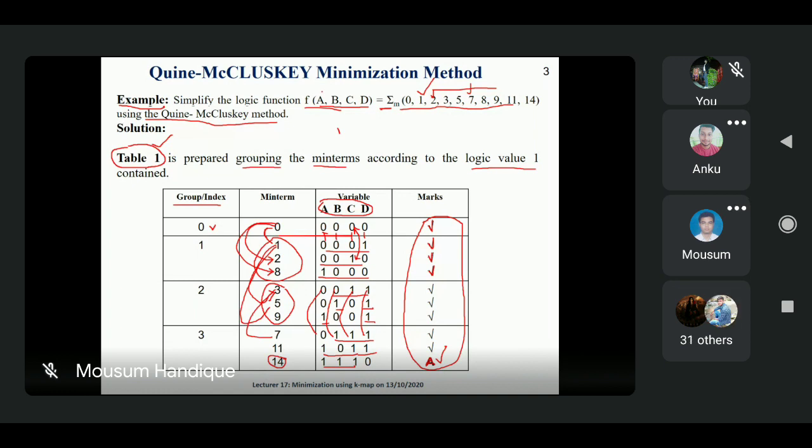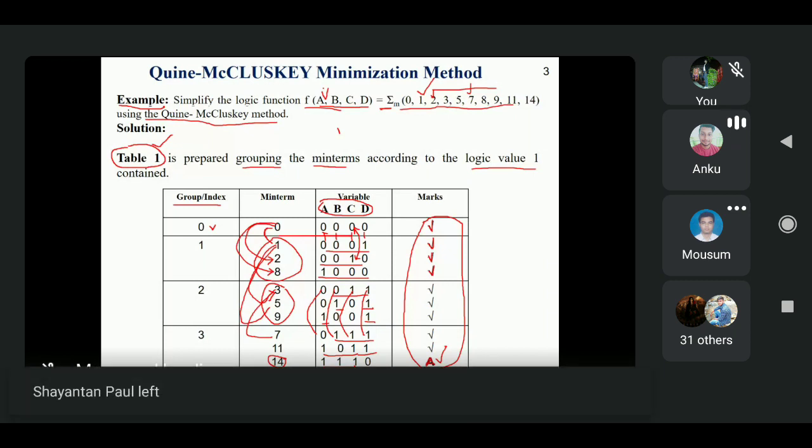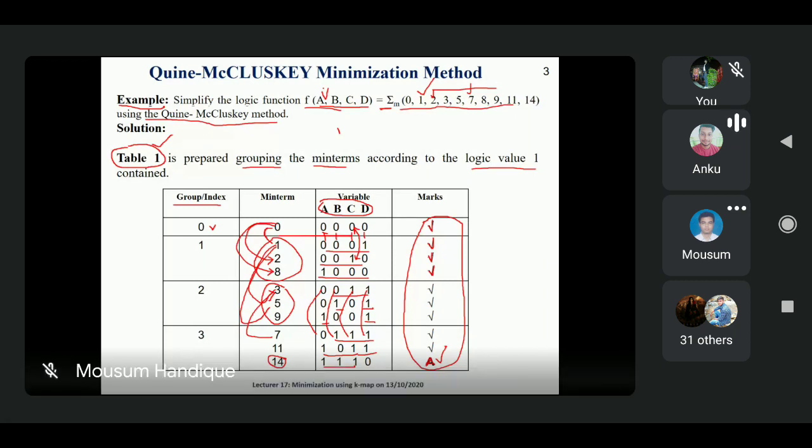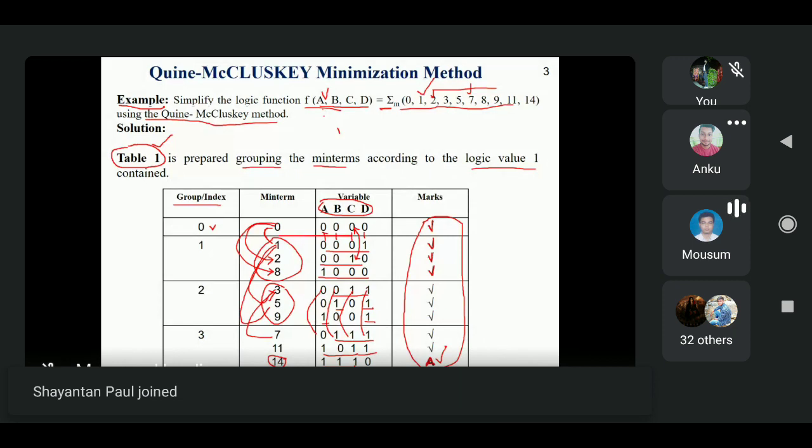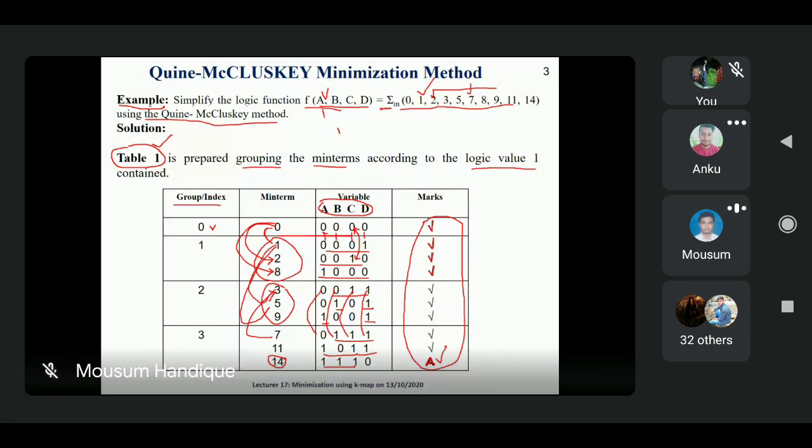This one is A. For the 14th minterm, we marked it as A. Yes, this particular A belongs to the function. We are using some particular variables, and based on those variables, we are creating the expression. Yes or no? Yes, sir. So this particular A is nothing but the variable of this particular function. That's all.